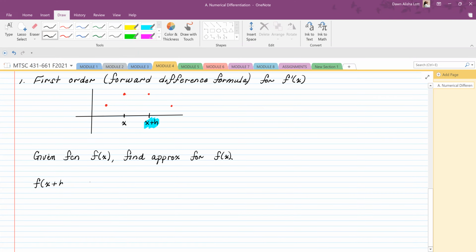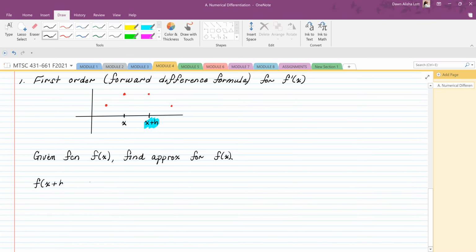So say, here's an example. I have my function f of x is equal to the log of x. And my x naught that I'm concerned about is 1.8.